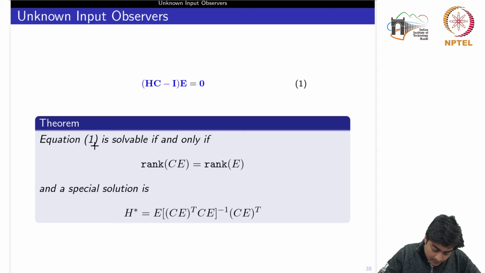This is one of the important results, which says that equation 1 is solvable if and only if the rank of CE matrix equals the rank of E matrix, and a special solution of this equation is given by H star equal to E times this matrix. Now we'll see the proof of this theorem very quickly, that is, how this equation becomes solvable if this rank condition is satisfied.